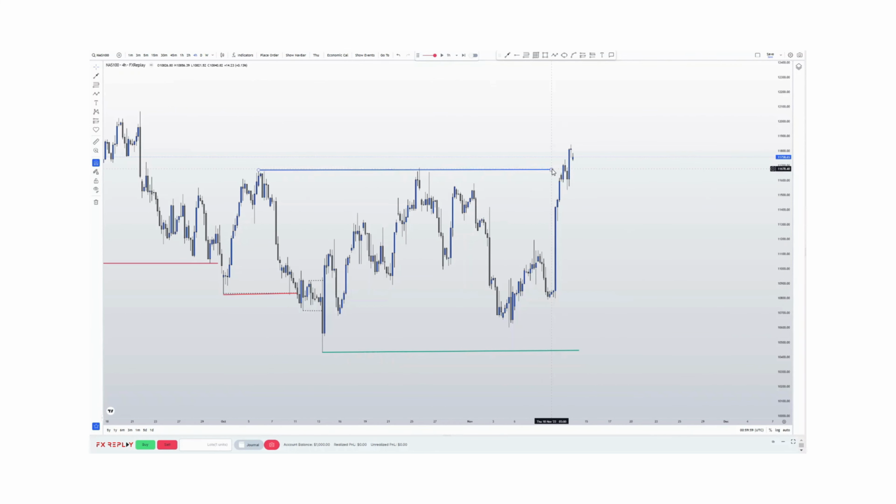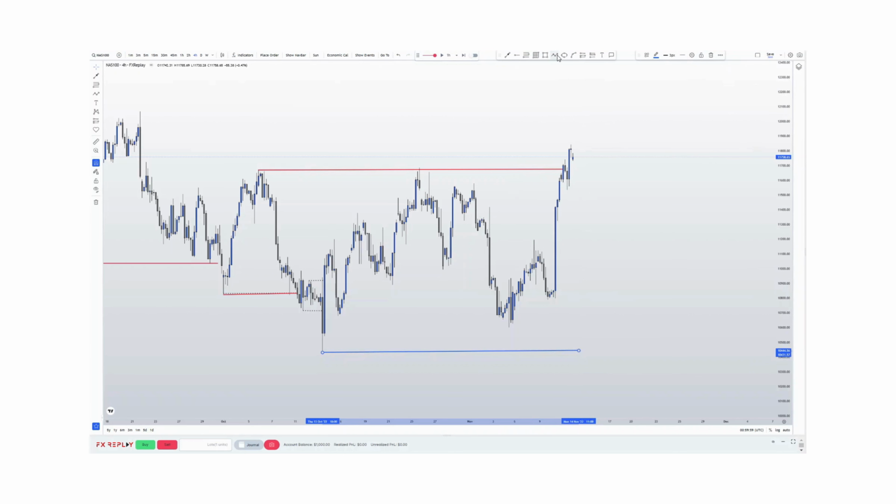So now we have a close above our protected swing. The M15 has shifted bullish. We have a break of structure there, and the previous weak swing now becomes our protected swing on the M15.